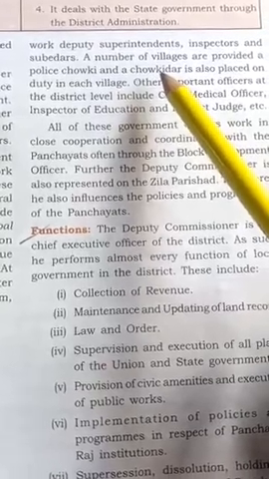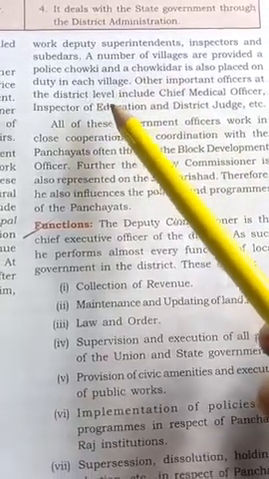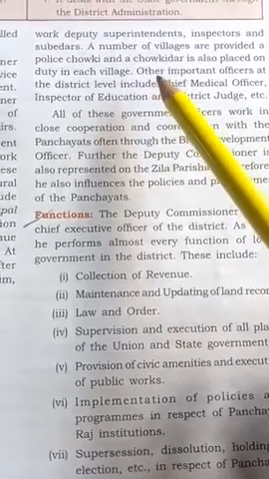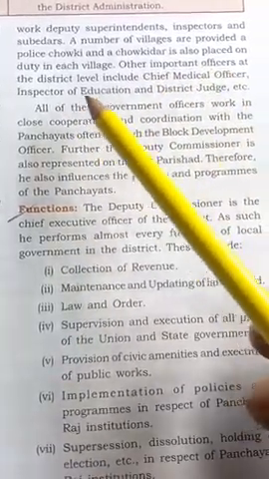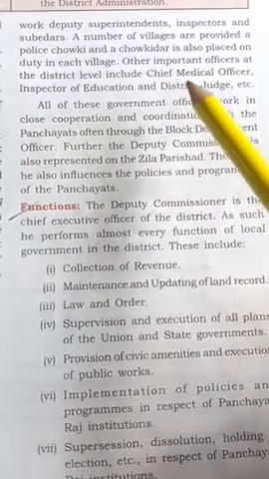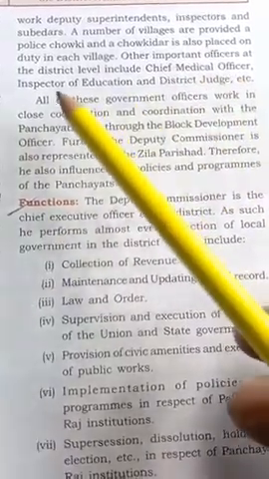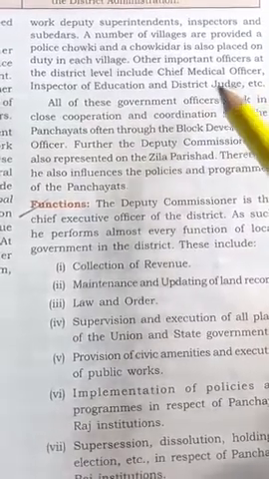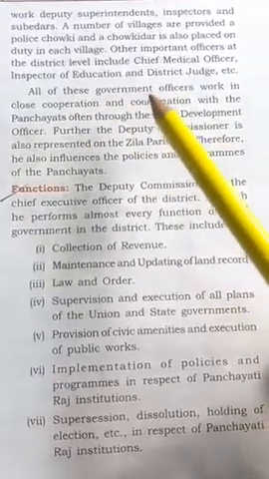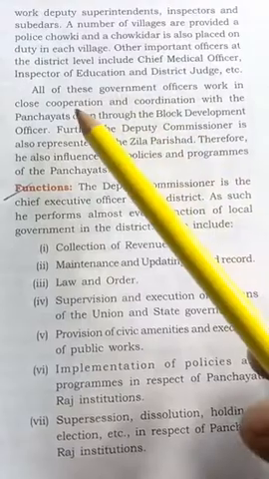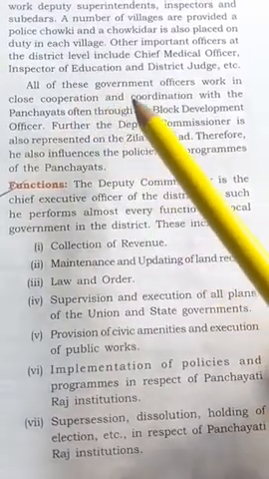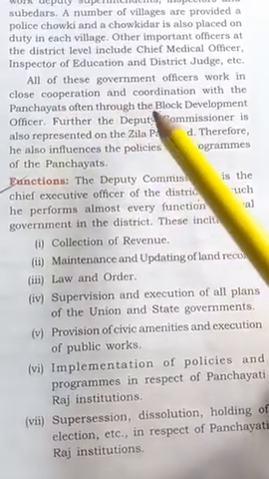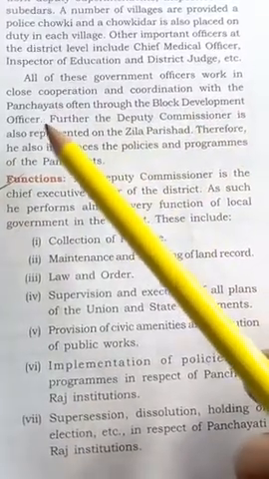The chowkidar also gives information to the police if any kind of dispute takes place. Other important officers at the district level include the Chief Medical Officer, Inspector of Education and District Judge, etc. All of these government officers work in close cooperation and coordination with the panchayats, often through the Block Development Officer, BDO.